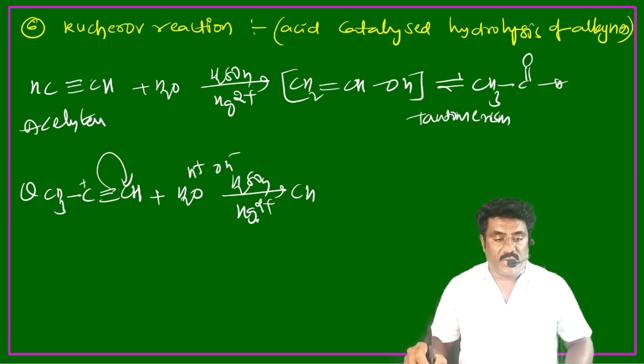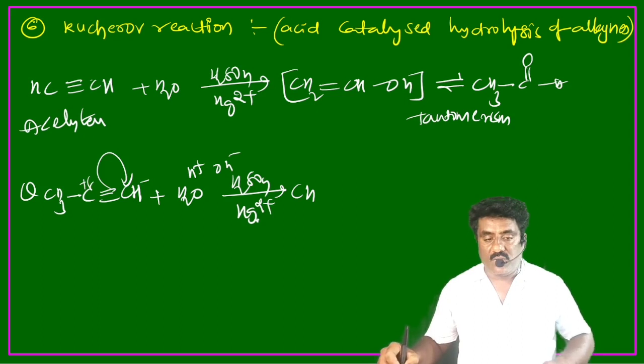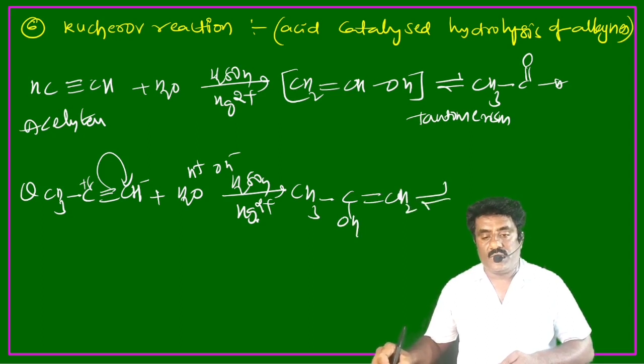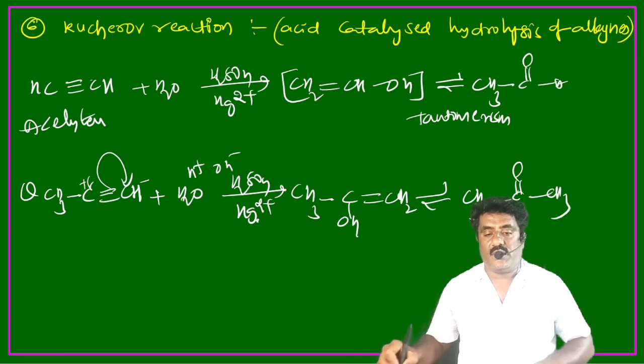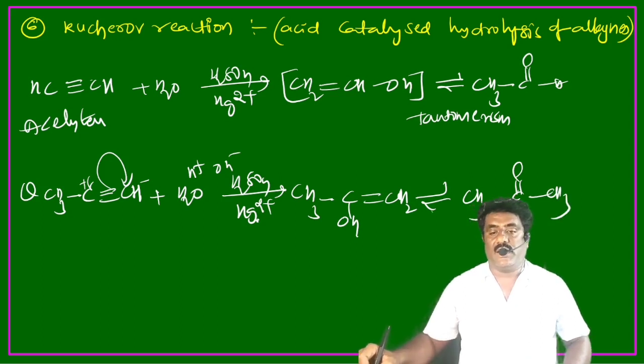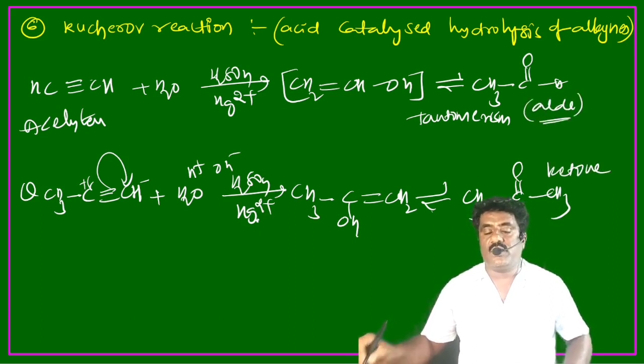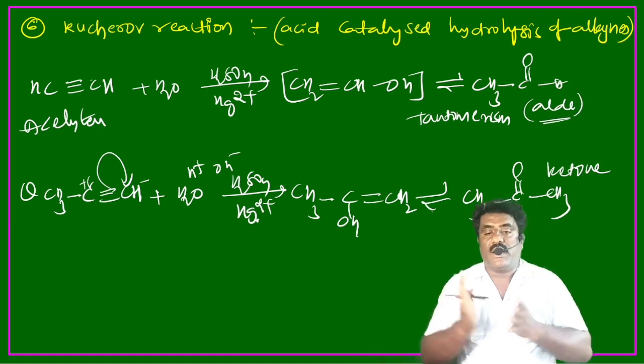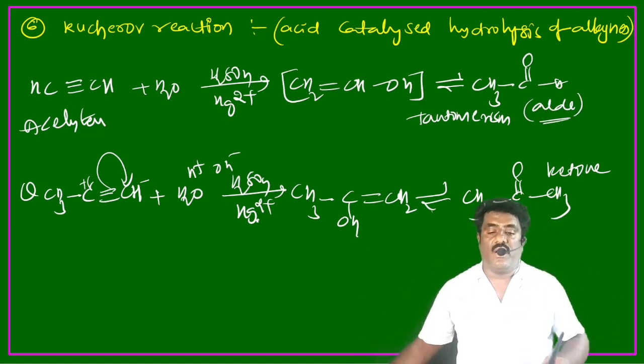So you get a partial positive charge and a partial negative charge. The negative charge moves to the positive side, and the positive charge moves to the negative side. Here CH3 COH C double bond CH2 is tautomerized to give CH3 C double bond O CH3. It is a ketone. What is the name of the reaction? Kucherov reaction, or acid catalysis hydrolysis of alkyne.